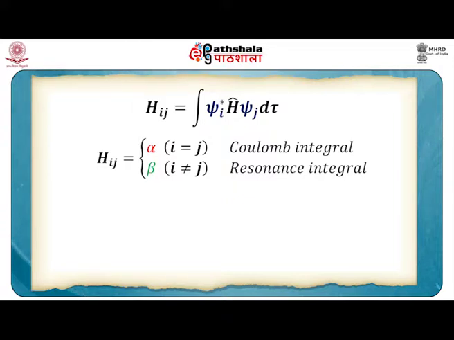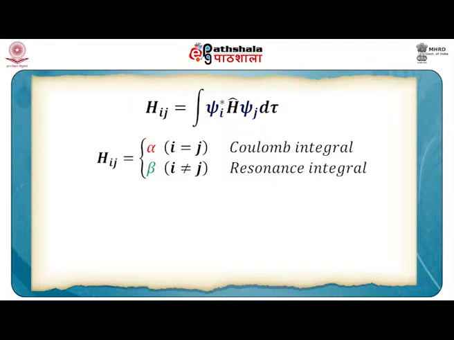We have learned all these things earlier. Similarly, Hij is equal to beta if i is not equal to j and if i and j are linked to each other. If i and j are not linked to each other, then Hij is taken to be equal to 0.